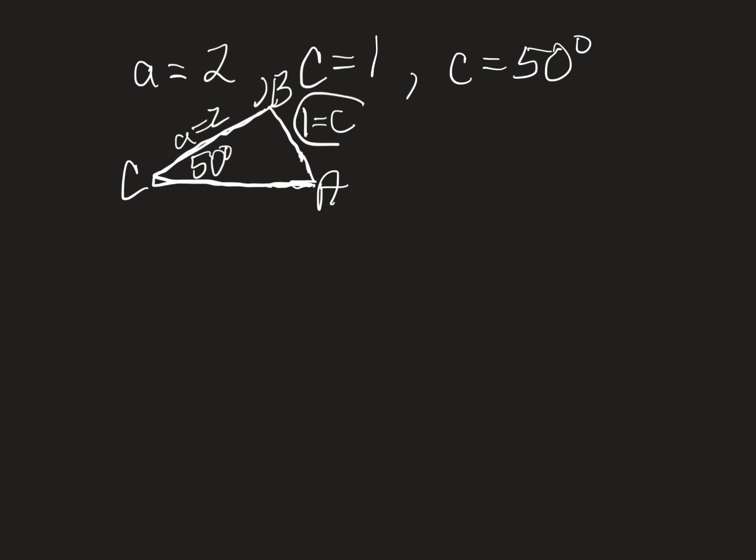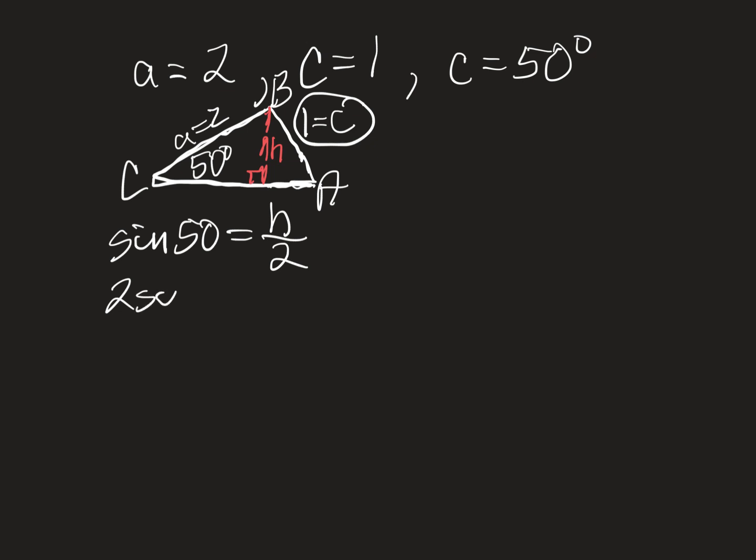The question I have is, is side C long enough? So what we do is we drop the altitude, that's called H, and we're going to go ahead and check that H. So I know the sine of 50 equals H over the hypotenuse 2. That's using that right triangle.